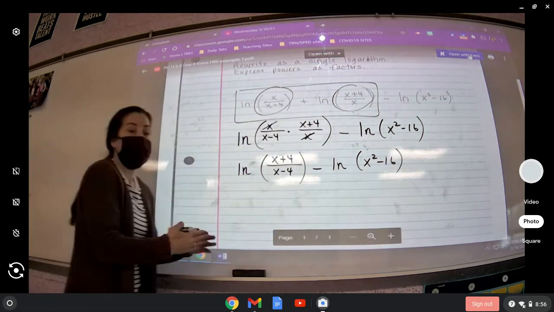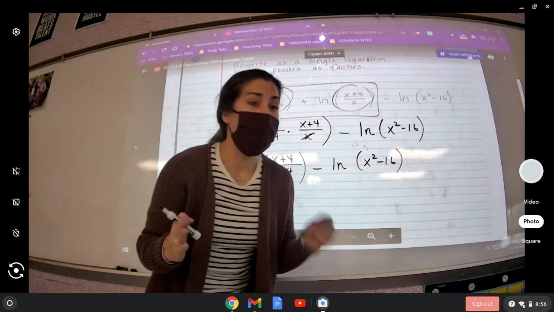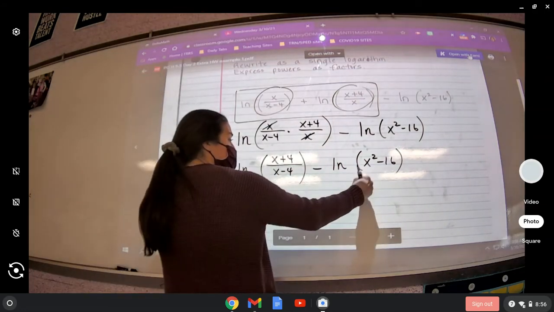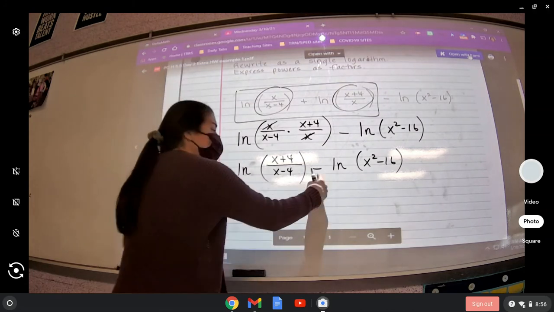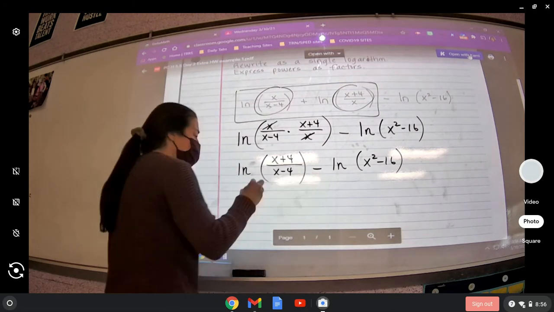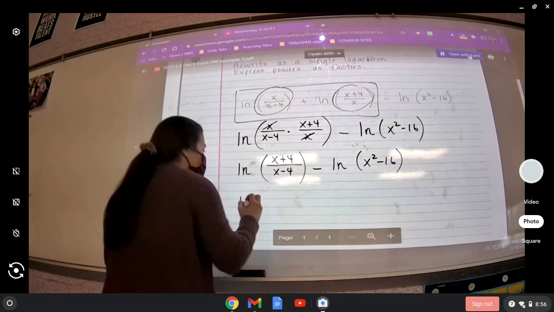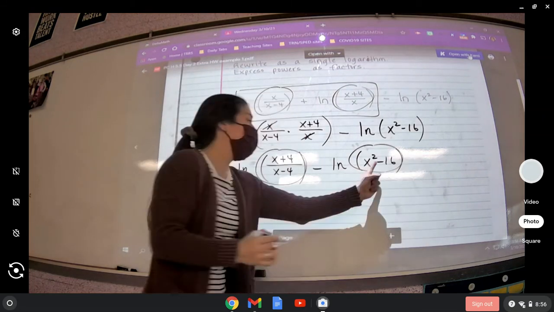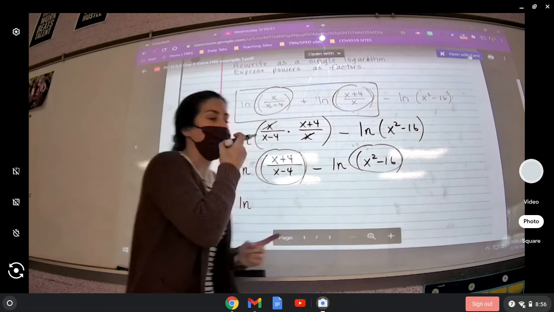Okay, now, through no fault of my own, I'm gonna have to create a complex fraction. So now I can put these two natural logs back together using division since they're separated by subtraction. So it'll be the natural log of this divided by that. And I'm gonna write that in its factored form when I bring them down.